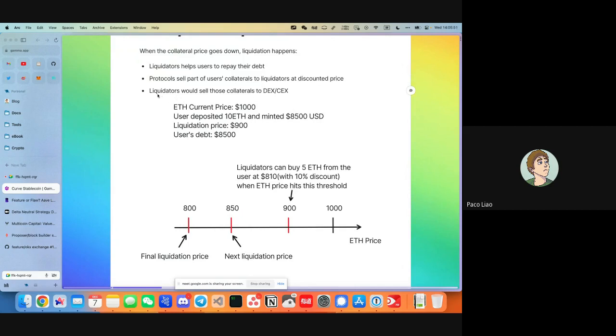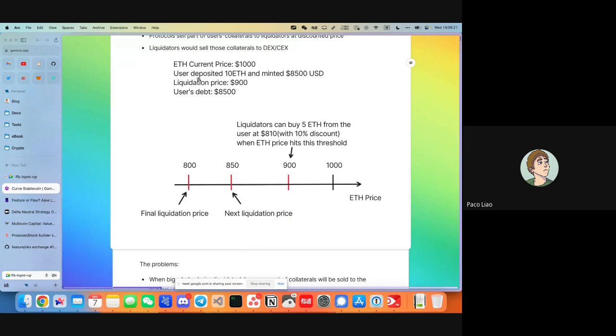Liquidators normally sell those collaterals to DEXs and CEXs because they don't want to hold them. The collateral may be an altcoin and liquidators may only hold stablecoins. Liquidators also use something like a flash loan, so they have to sell those collaterals in a single transaction to pay the flash loan.